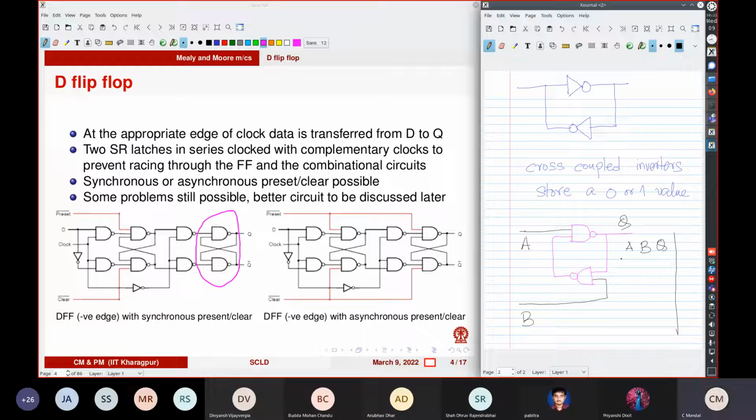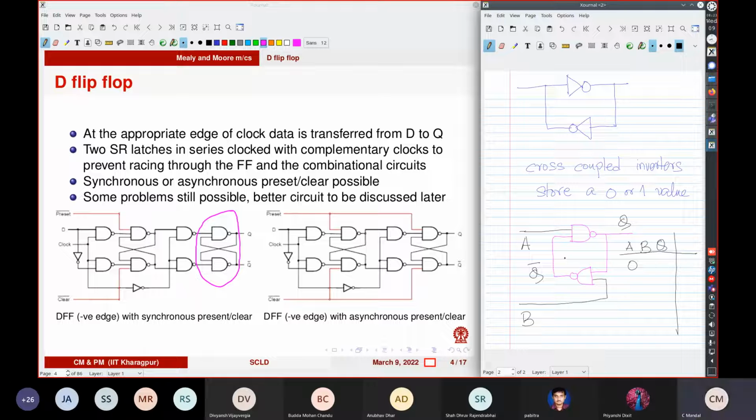All right. And let us look at some. I mean, you can just call this, let us say, Q bar, Q dash.